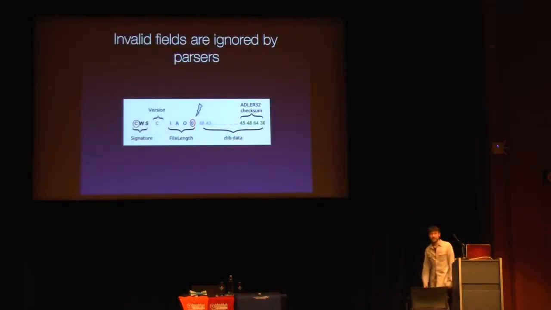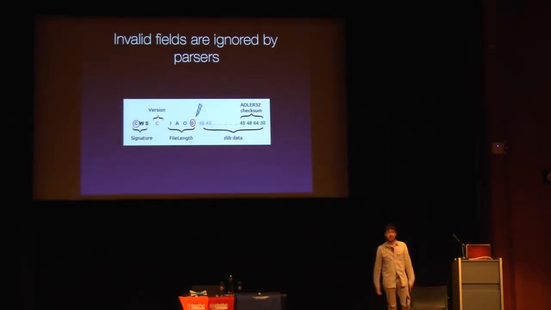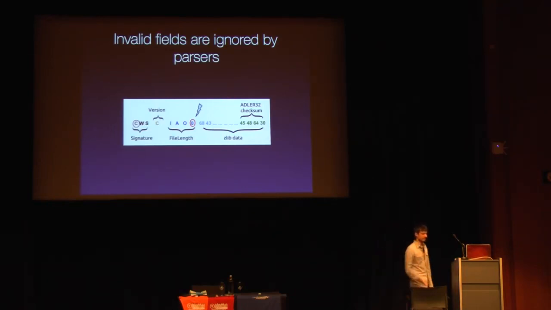One very good thing is that Flash parsers are very liberal, so they allow invalid fields. For example, in the version field you can put an alphanumeric character and it will accept it. Same for file length. You don't have to put a very high byte as the rightmost, because it's the most significant one.